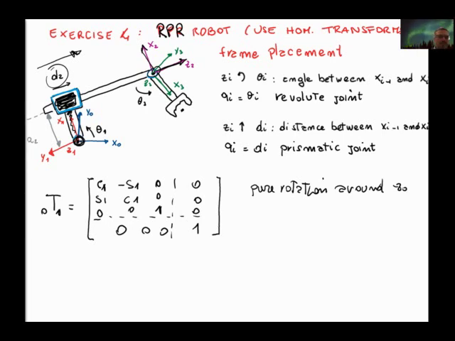Then, what about the second one? This is trickier. The transformation from frame 1 to frame 2. We have a rigid transformation and a prismatic joint in the middle.